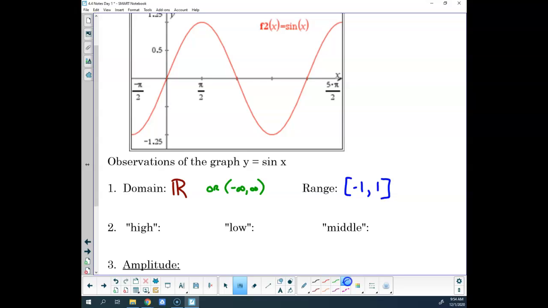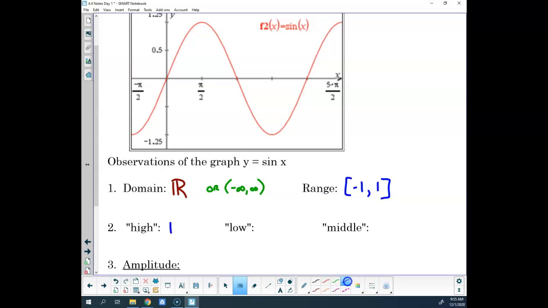Hasn't changed yet. Is there a difference at all between the function lines of sine and cosine? Yes. One has a horizontal shift of pi/2, but we'll get to that tomorrow. So, with my range being -1 to +1, the highest that my value can get would be +1.